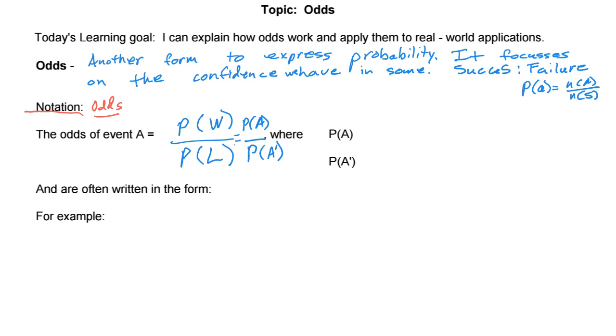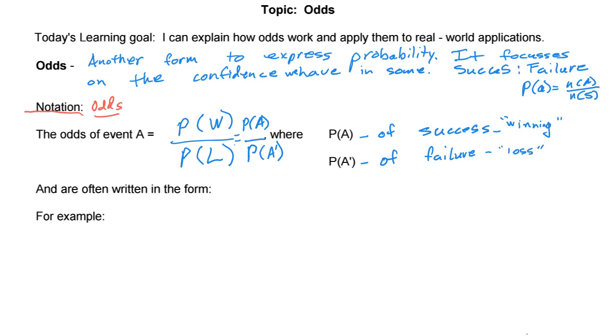So think of winning, and then the opposite of winning is losing. If you think of P of A as the probability of success, or like Charlie Sheen would say, winning what you want, and the complement of that, the probability of the complement, is the probability of failure, otherwise known as losses.